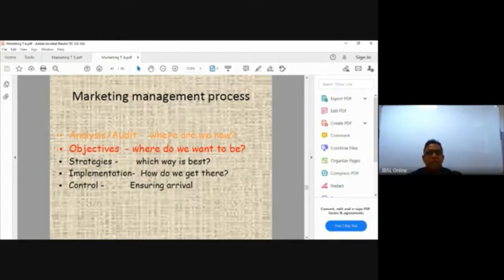We have now completed the analysis component. Sorry, not two steps, we are done with only one. We completed one stage, that is, the analysis step.